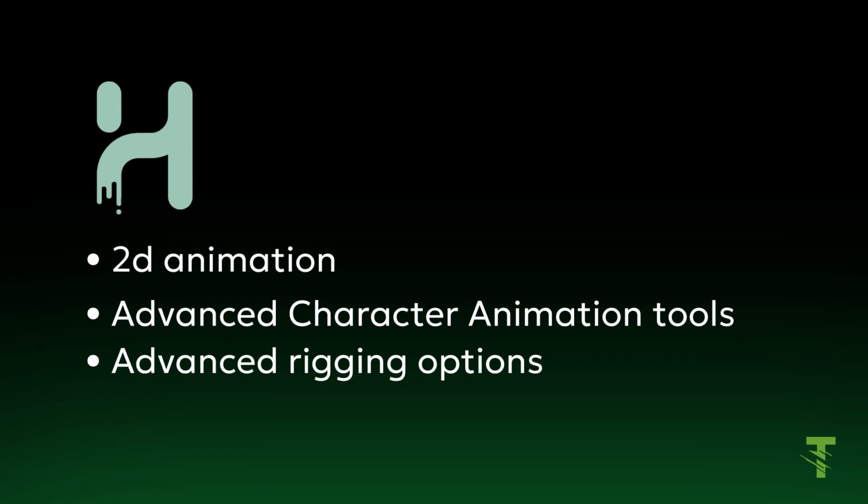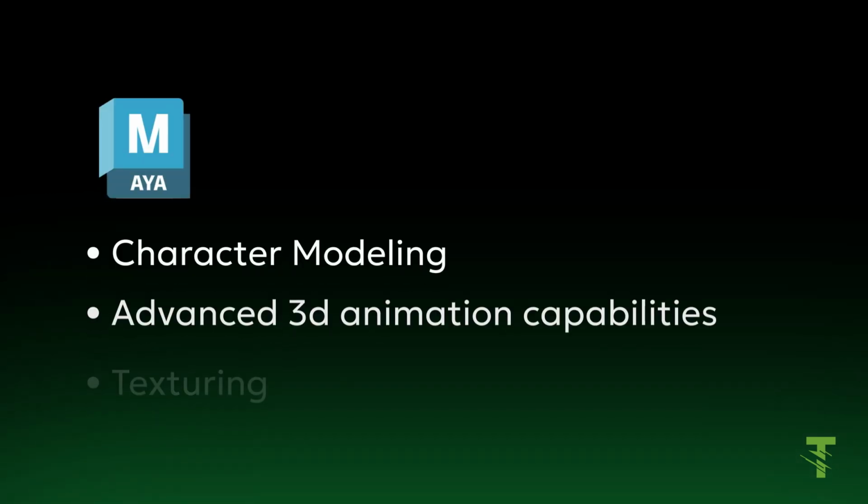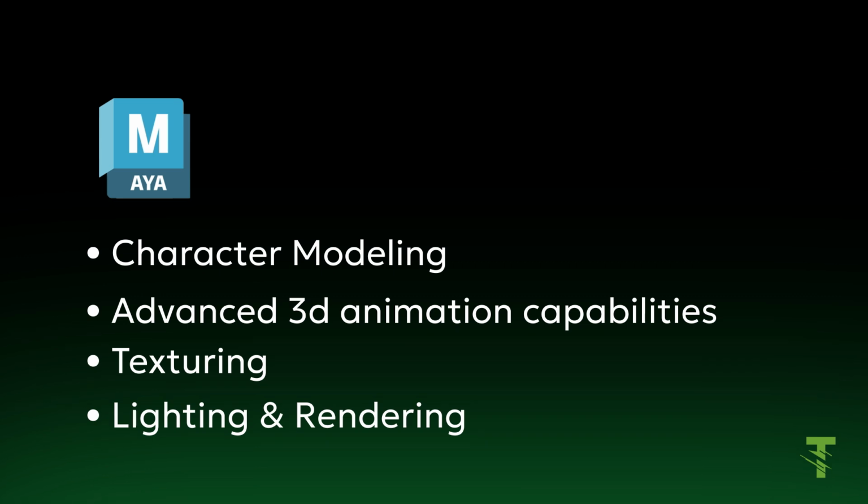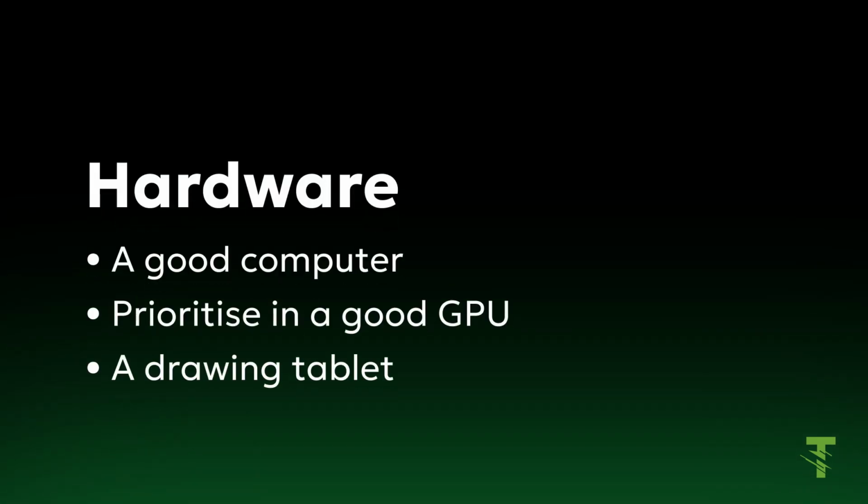Toon Boom Harmony is ideal for 2D animation. Autodesk Maya is industry standard for 3D animation and is the most common 3D package in the biggest studios around the world. Then, you need some hardware. A good computer with a powerful graphics card is essential. A drawing tablet can enhance your 2D animation experience.